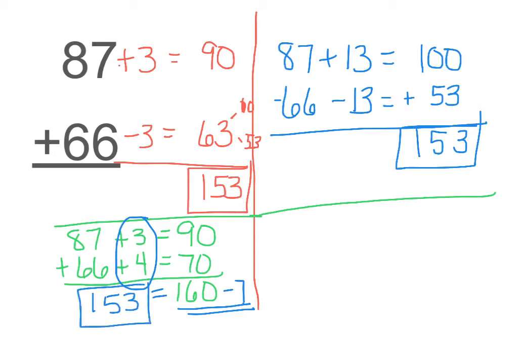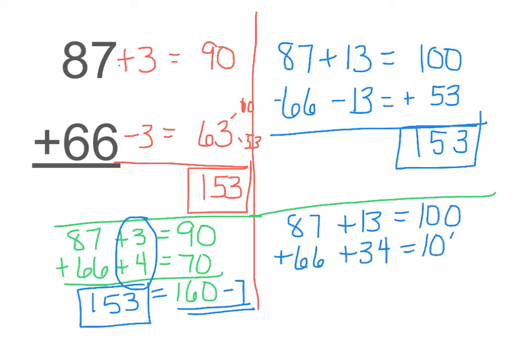153. Or, I know a lot of kids that like doing this way. They add both partners to 100. So they end up with 100 plus 100 equals 200. Then they have to subtract everything that they added, which is 47.